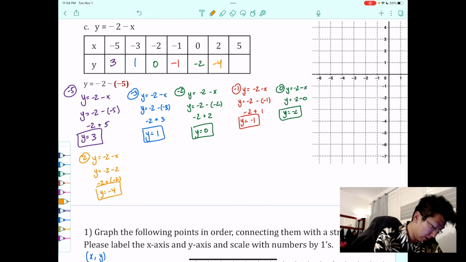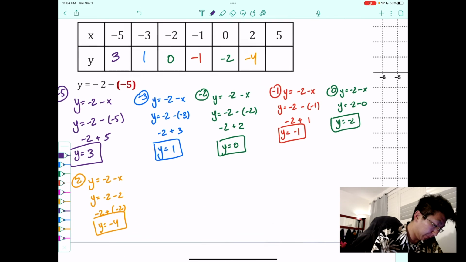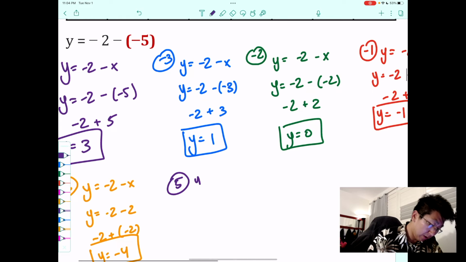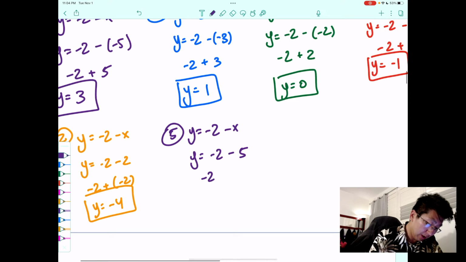Almost done. Just going to reuse another color. 5. Y equals -2 minus x. Y equals -2 minus 5. -2 plus -5 is -7.